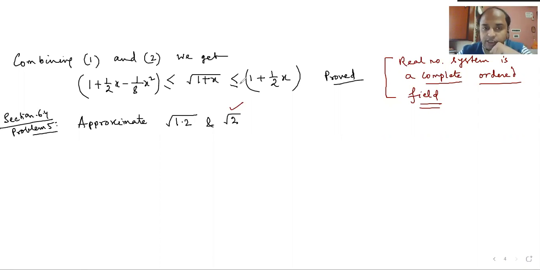Think about this situation. At this point they tried to approximate a function. They designed the function square root of 1 plus x and tried to approximate it with the help of polynomials. Now you see what is happening.